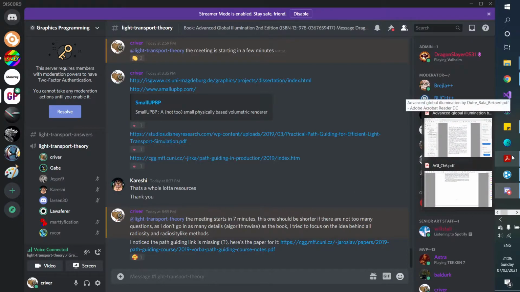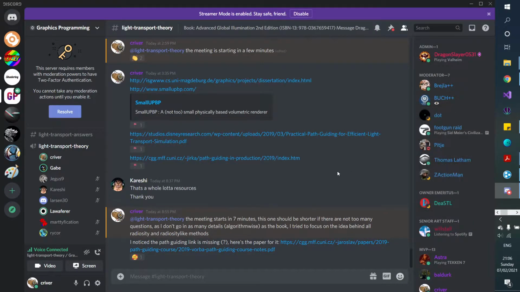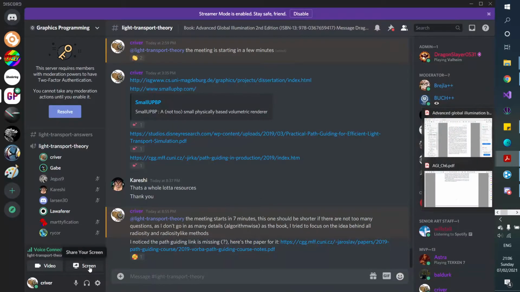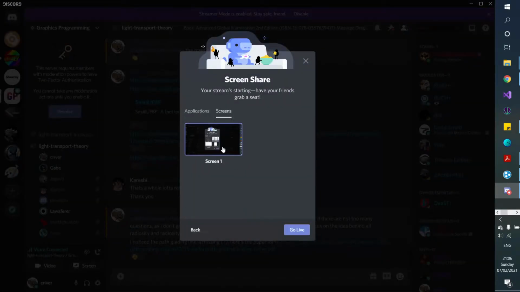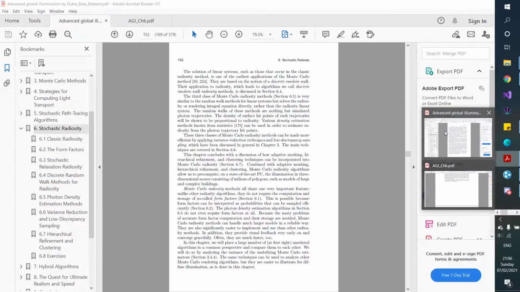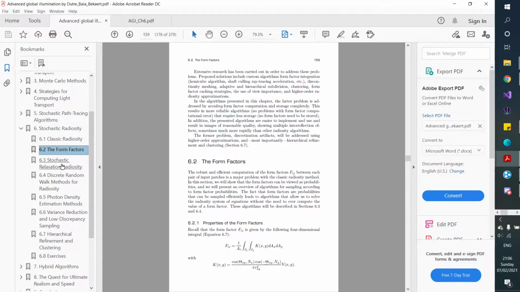Okay. And in radiosity, they pick something specific, and the book discusses that specific thing and specific methods for it. And actually, what 6.2 and onwards, oh wait, I haven't shared my screen. Let me do that. So what 6.2 and onwards discusses is really the numerical solvers.